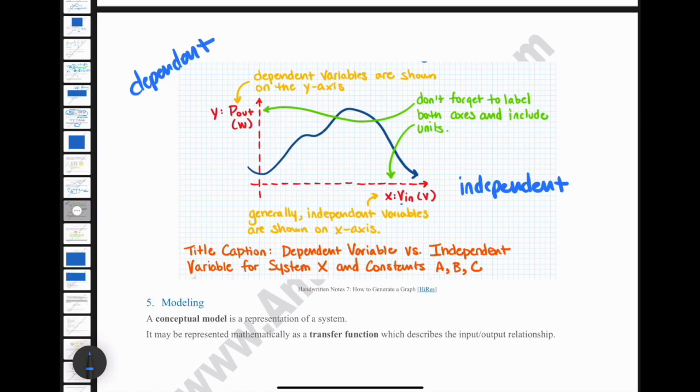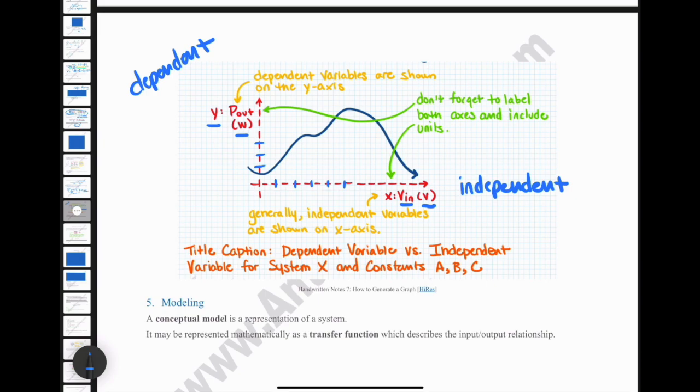So here we have V in, we have P out. You'll want to give units to both axes so we understand what the range of values is. It's not shown explicitly here, but obviously you need to label the x and y axes with numbers which give reference to the data.